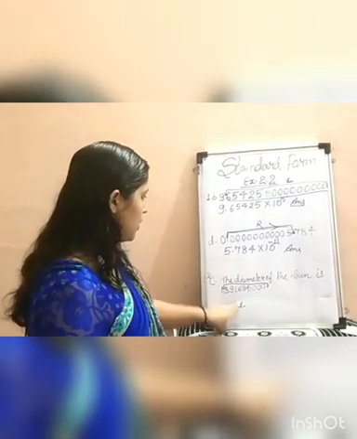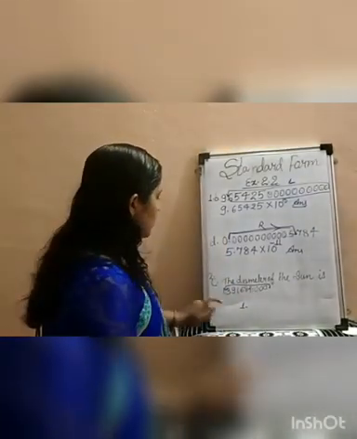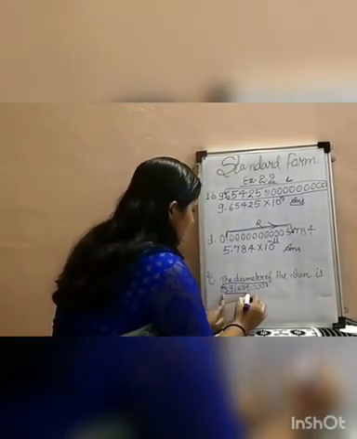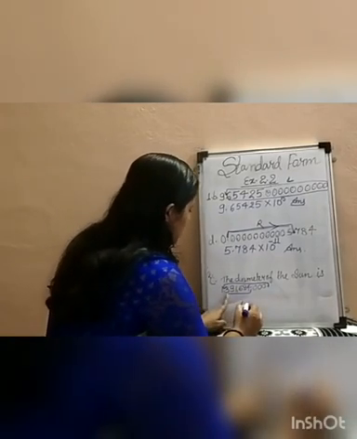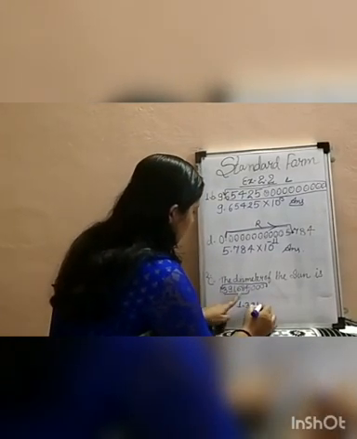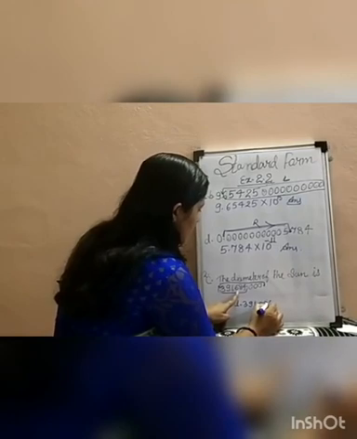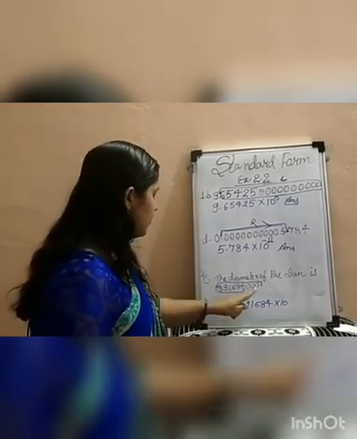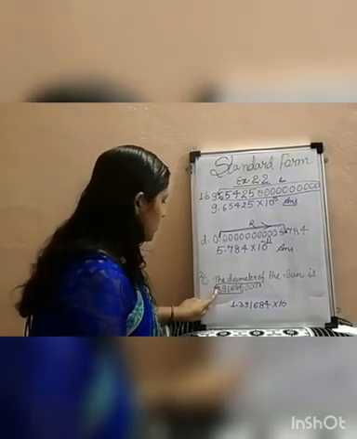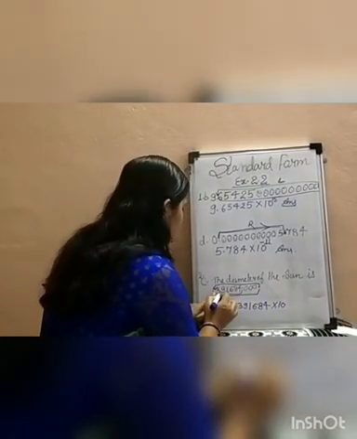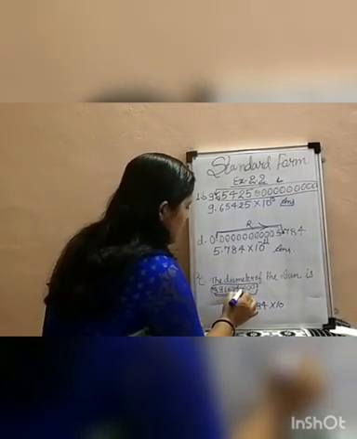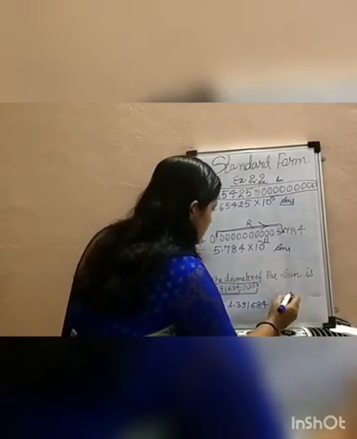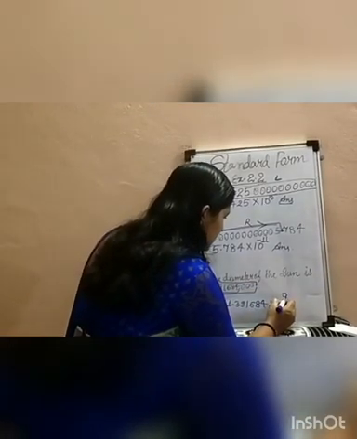The rest of the digits we can write as it is. 1 decimal 391684 into 10 to the power. Now which numbers will we count? After 1, how many numbers are here? 1, 2, 3, 4, 5, 6, 7, 8, 9. So the answer will be positive 9.